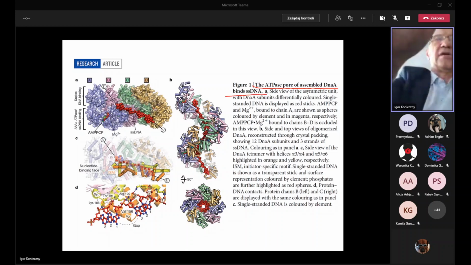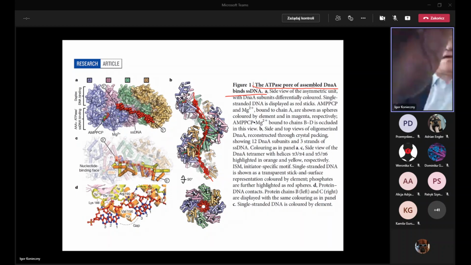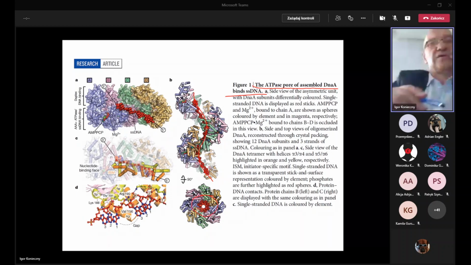So this is the interaction with single-stranded DNA of those protomers in this filament structure of the DnaA protein. And again, the residues are facing the inner channel.